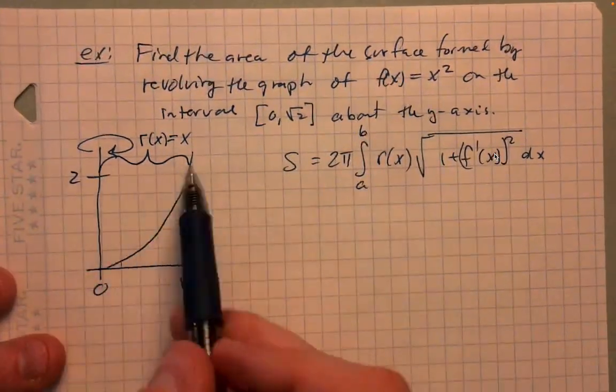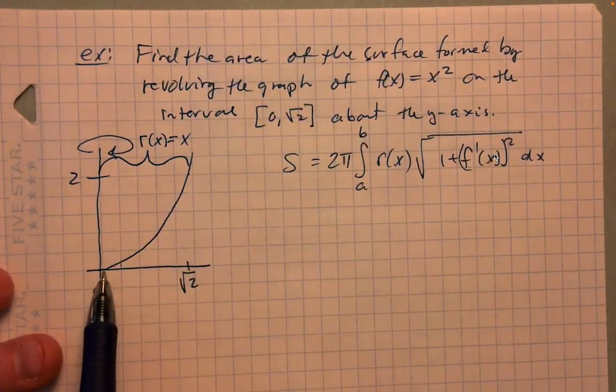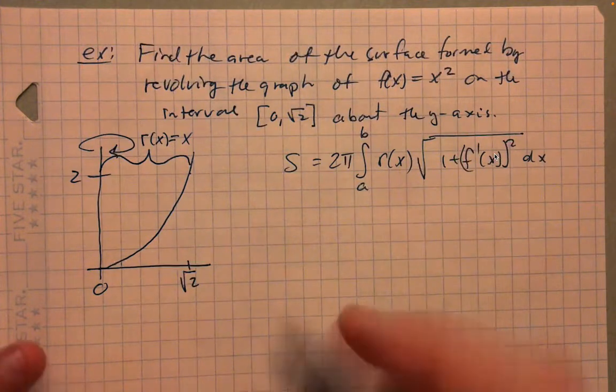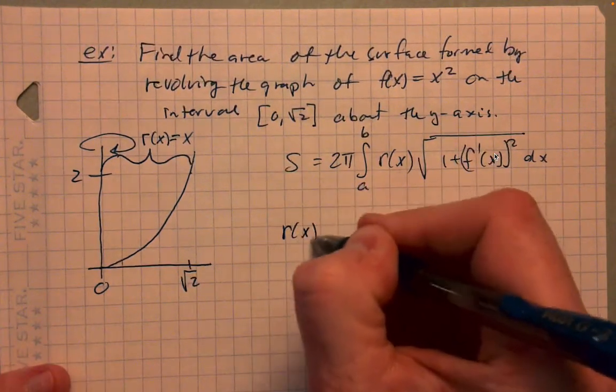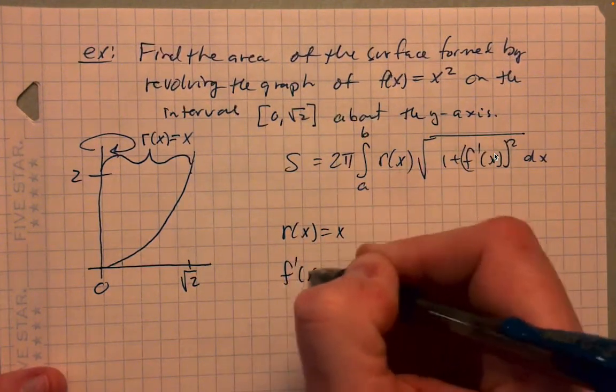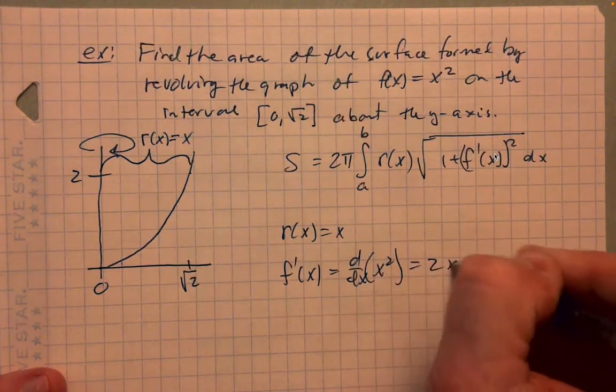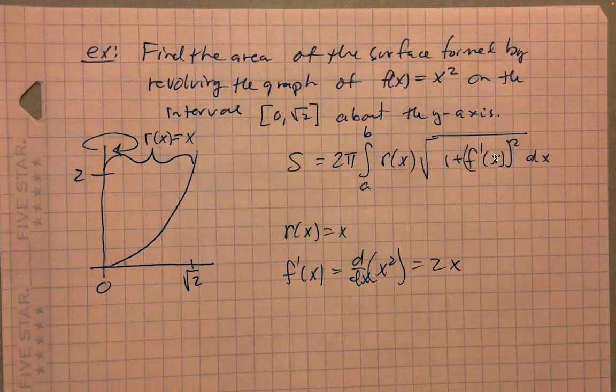Up at the top it's going to be square root of 2. At the very bottom it's going to be 0, and everything in between is everything in between. So r of x in this case is x. f of x, of course, is x squared. So f prime of x is going to be d/dx of x squared, which is 2x. Okay, so we've got that.